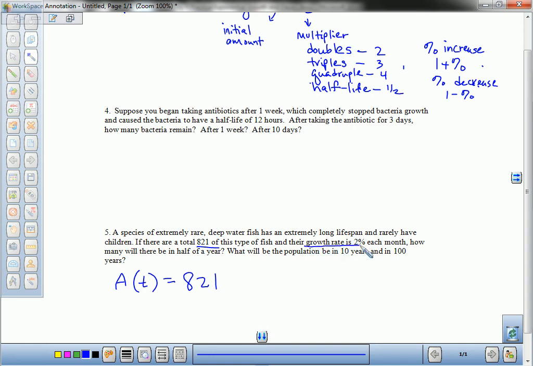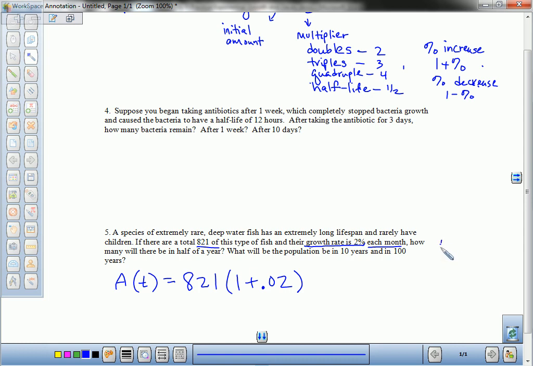They're growing very slowly. Actually, that's not too slowly. Their growth rate is 2% each month. So they must not have many predators. So they're growing at a rate of 2% each month. This defines what our unit of time is measured in.